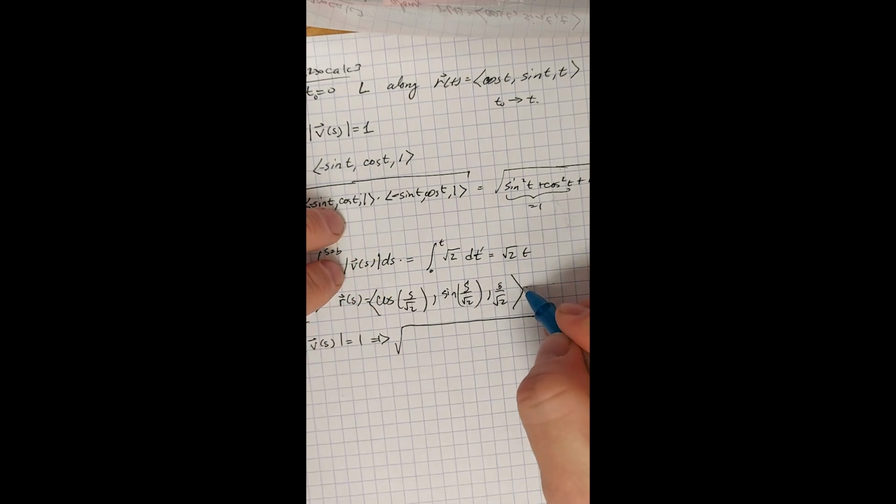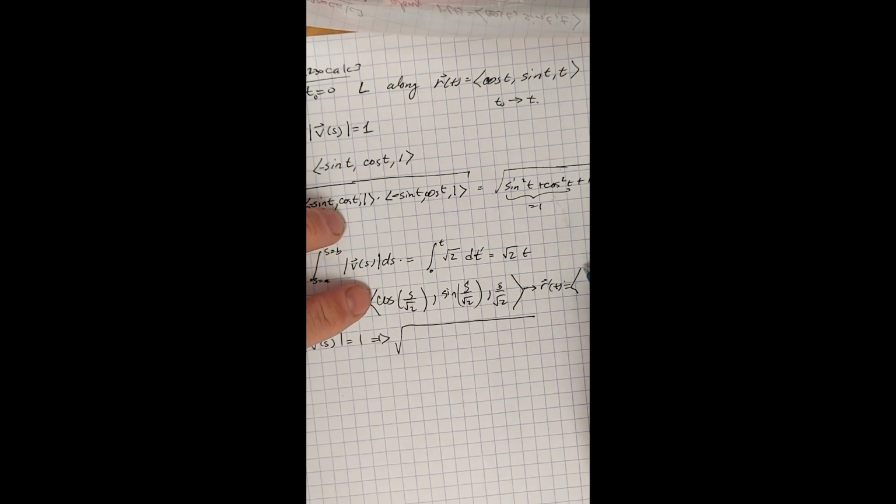This is r prime, and that's going to give me 1 over the square root of 2 times negative sine of s over the square root of 2, then 1 over the square root of 2 times cosine of s over the square root of 2, and then 1 over the square root of 2 for the z component.